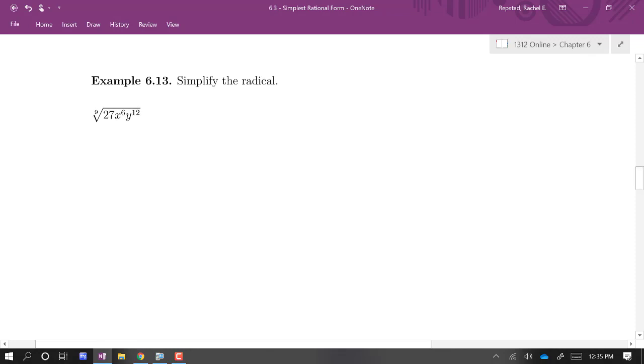Let's try another one. We're going to simplify this radical. It's a 9th root. Let's see, I've got a 3 cubed, I've got x to the 6th, and if I'm looking for 9th powers, I could write y to the 12th as y to the 9th times y cubed.